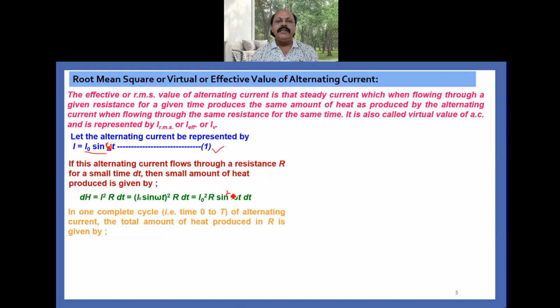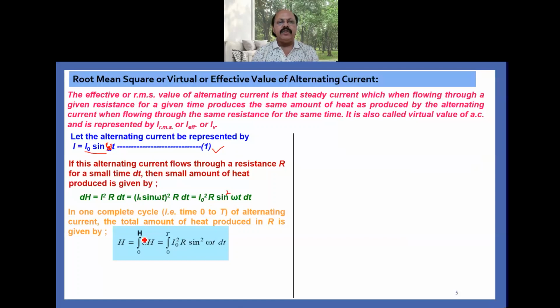In one complete cycle, that is from 0 to capital T, the total amount of heat produced in resistance R is given by integrating it: H equal to integral from 0 to H dH. Now this dH is I naught square R sine square omega t dt.